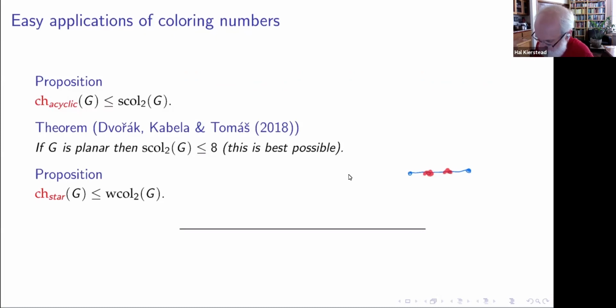It has 2 vertices in the middle, 2 vertices of degree 2, and one of them is bigger than the other. So let's draw that here. Maybe this is the bigger guy.